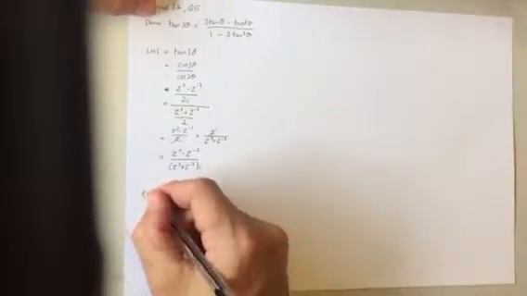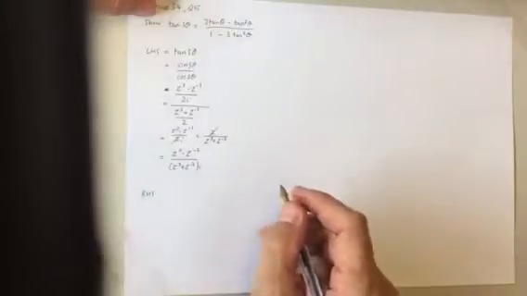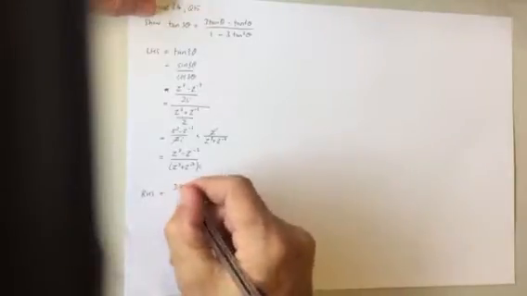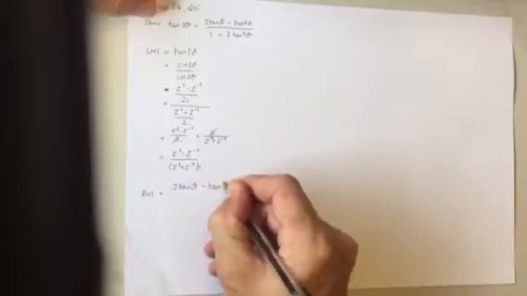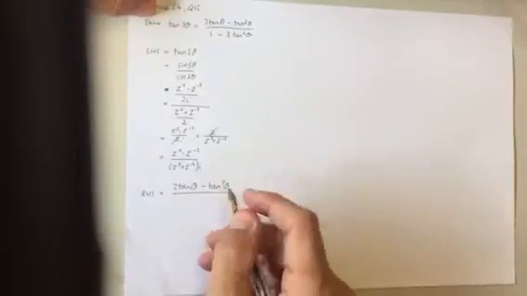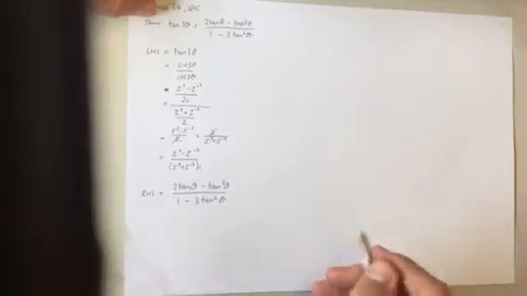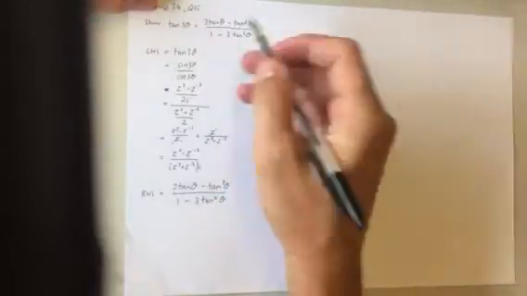Now we'll go to the right hand side. Alright, so for the right hand side we have 3 tan theta minus tan cubed theta. Alright, so this is going to be similar, it's just going to be more annoying really, it's just more substitutions.